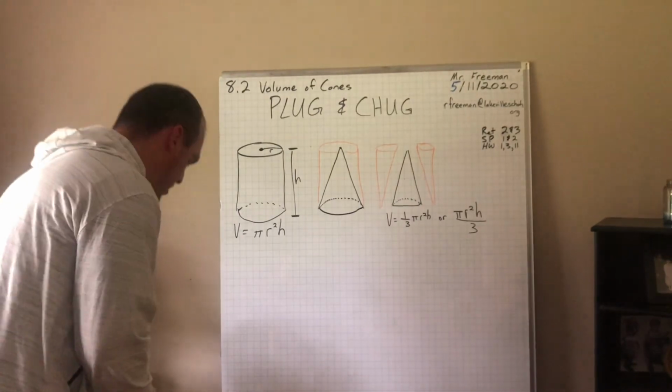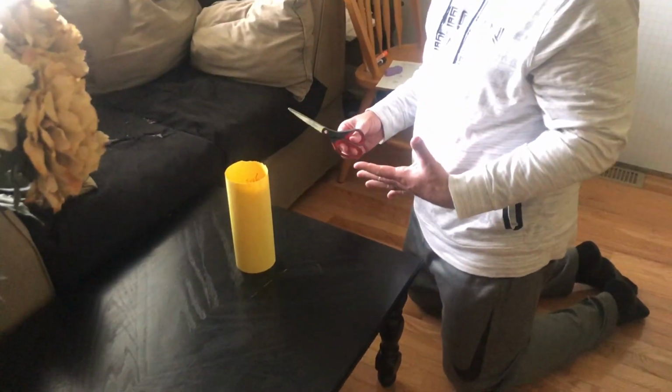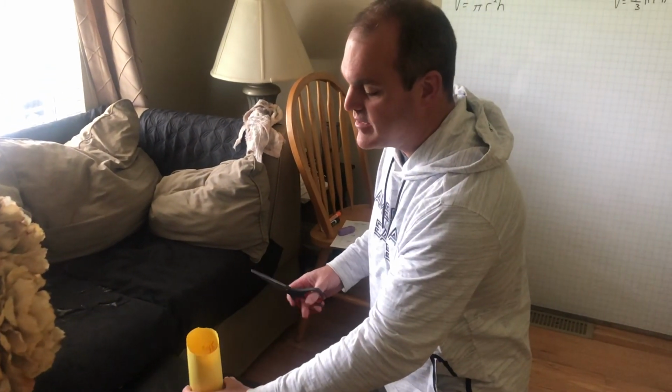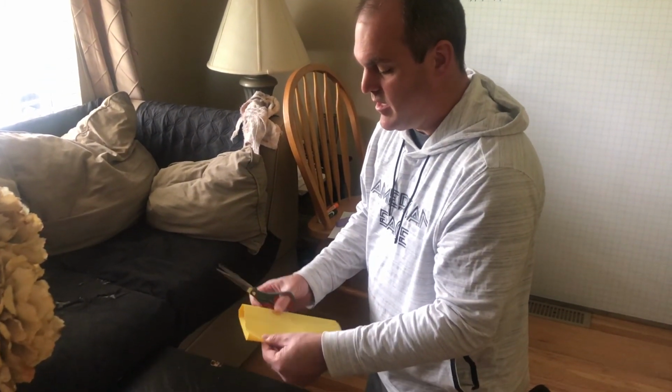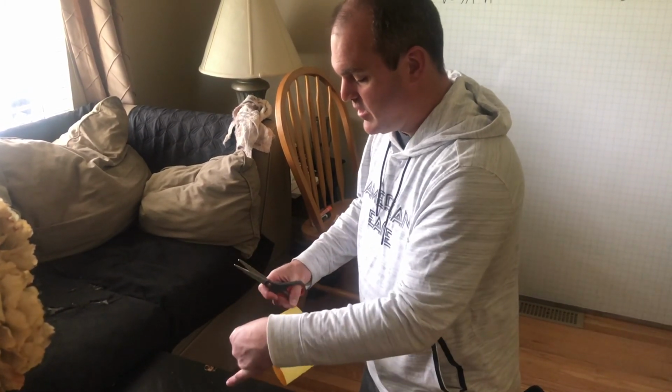If you need a little bit more visual of it, I made a cylinder out of paper, to show you that it's going to kind of become a cone when you put it into 3 pieces. If you take a cylinder, and it's nice and easy with a piece of paper, you can't really take an actual cylinder and do this obviously.